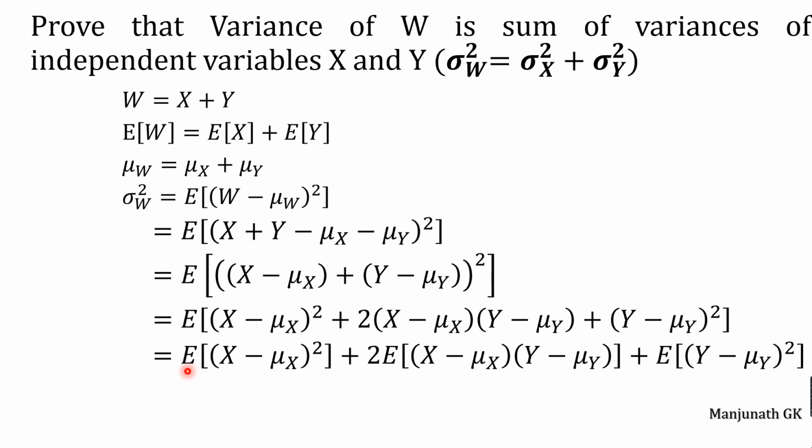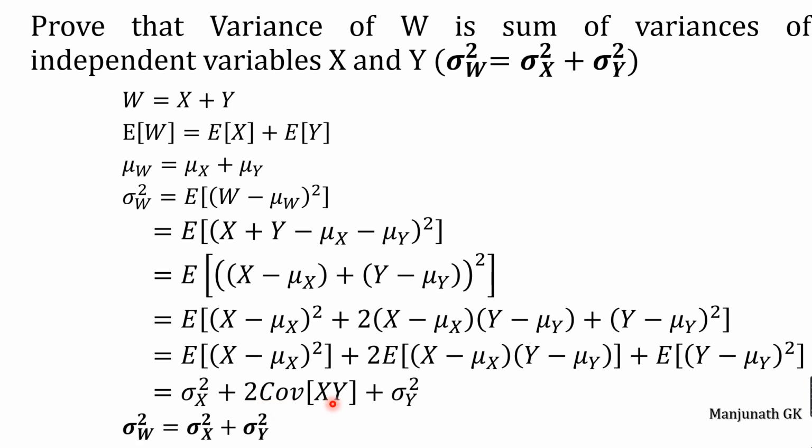We know that these are the definition of the variance of X, the variance of Y, and the covariance of X and Y. And already we have said that if X and Y are independent, the covariance will be 0. As a result, it is proved that the variance of W equals the sum of the variances of X and Y.